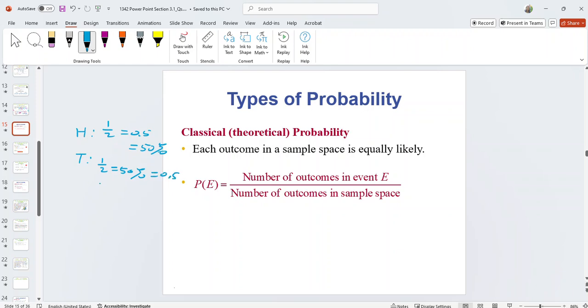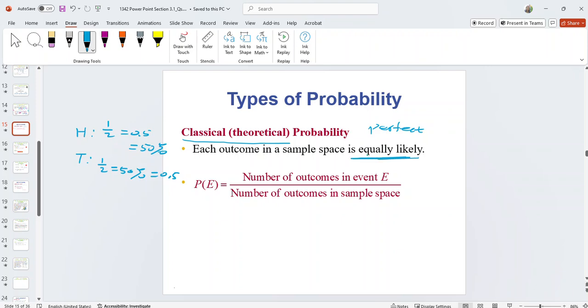The one you're talking about is called classical probability or theoretical probability. In this one, everything is in perfect condition, and every outcome in a sample space is equally likely to happen.